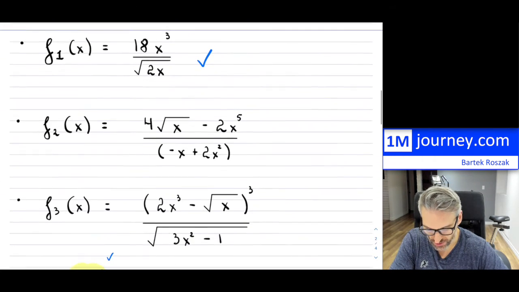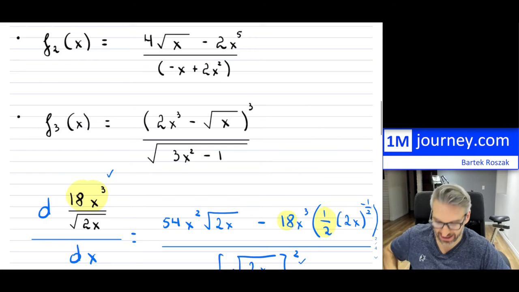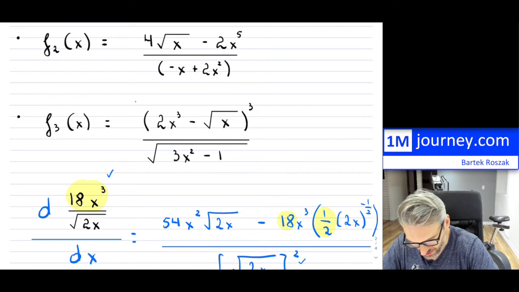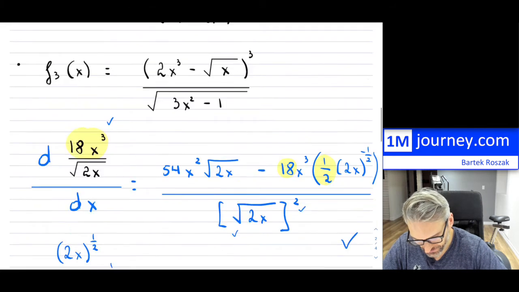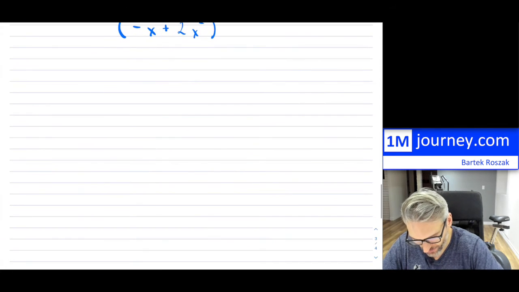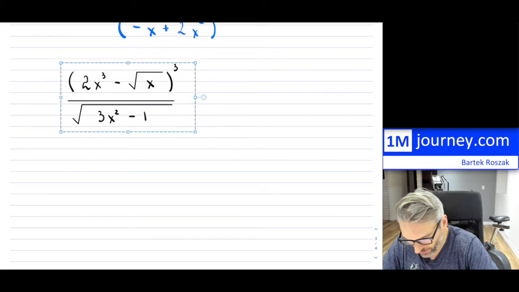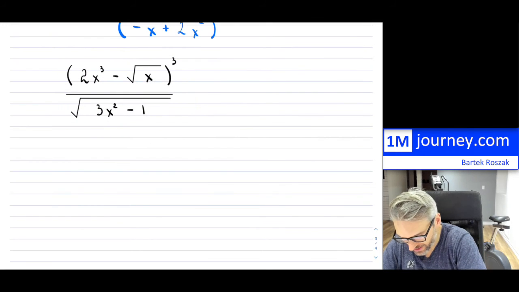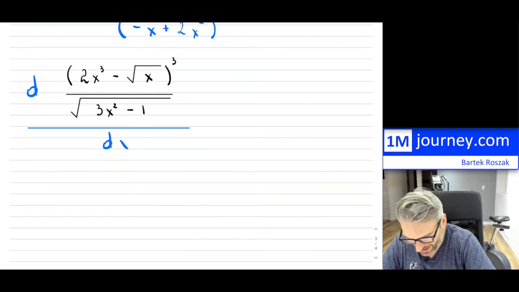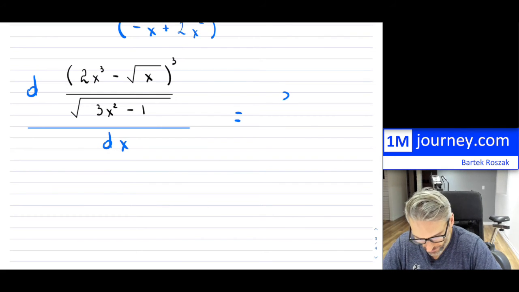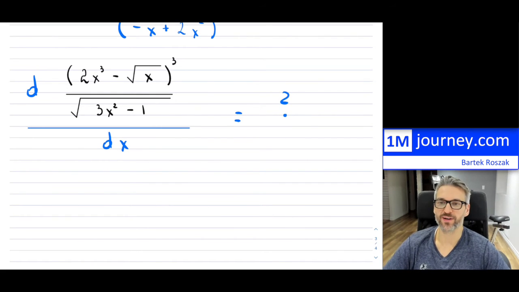Let's do that last one. So for our last example right here, this is function number 3, which is this. I'm going to copy it and bring it down for myself. Now I want to know what the derivative of this is, so take the derivative of that with respect to x. What does it equal? Well, let's try to find out.